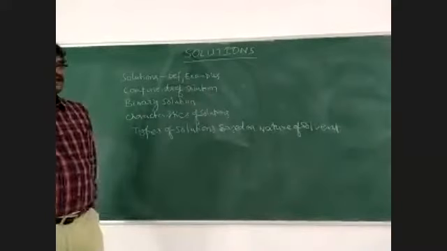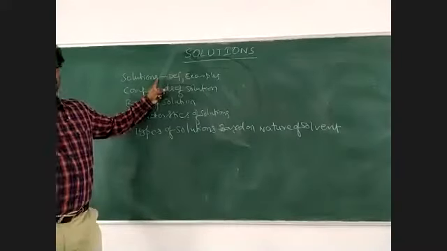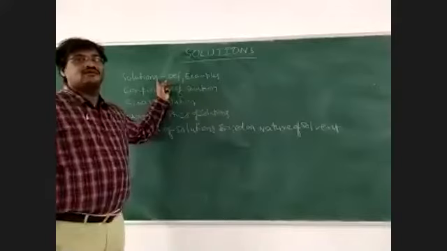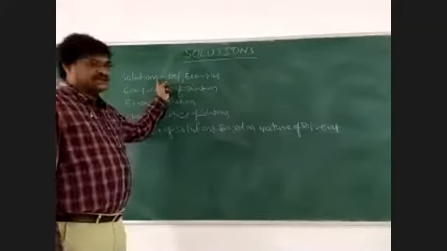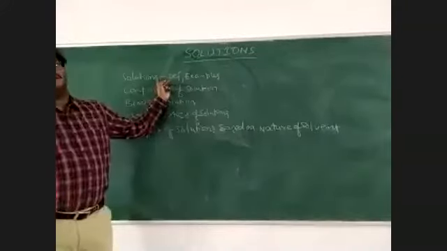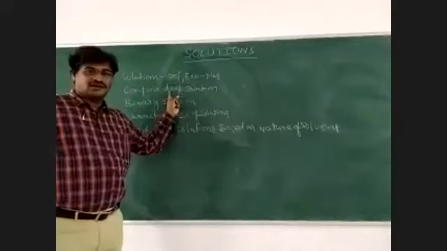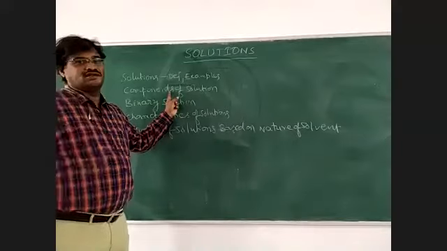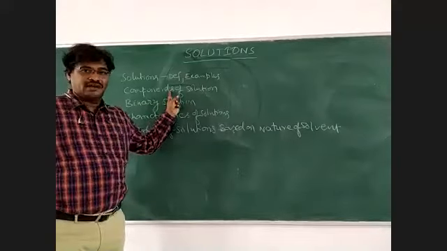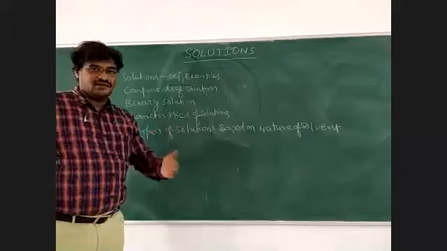Once again, I just repeat the definition. Solution means a homogeneous mixture of two or more components. Best example, sugar in water, salt in water. Sugar is one component. Water is also another component in sugar solution. Salt is one component.